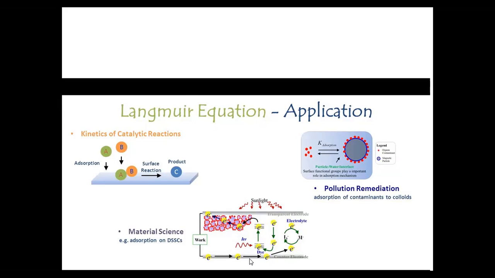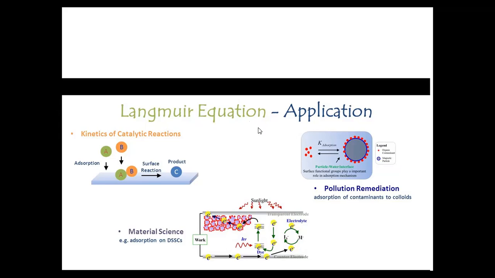The most important part in this dye sensitized solar cell is the dye, and it helps to transport the electron from cathode to anode. There should be two working electrodes, in which the electron travels from the cathode towards the anode, and you can get the electricity out of this setup.